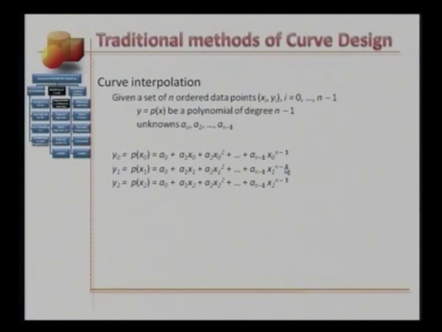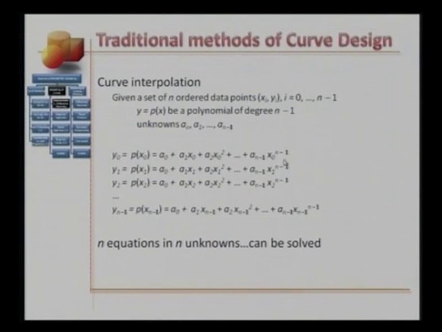We can keep on substituting. The last equation will be y sub n minus 1 equals the value of the polynomial for x equals x sub n minus 1, which is a sub 0 plus a1 x sub n minus 1 plus a2 x sub n minus 1 the whole square up till a sub n minus 1 x sub n minus 1 raised to n minus 1.